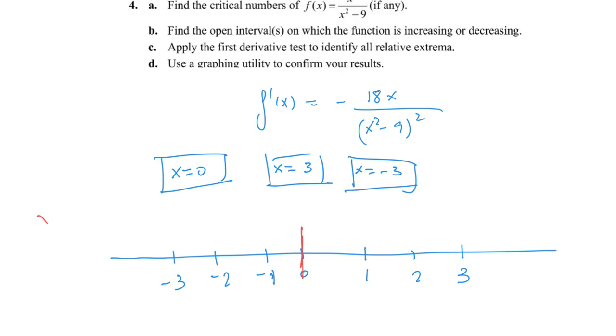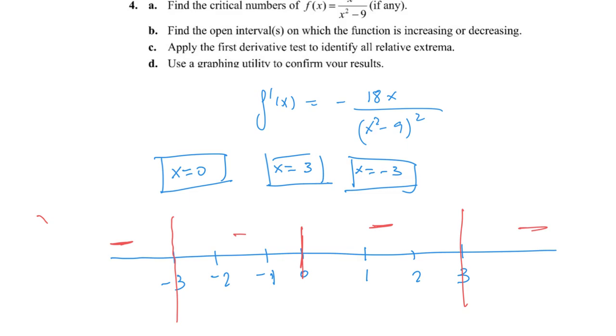And the intervals are, let's put it in red, there are 4 intervals. This is one interval, this is another interval, this is another interval, and this is another interval. And you have to determine in which interval the f prime of x is positive or negative.